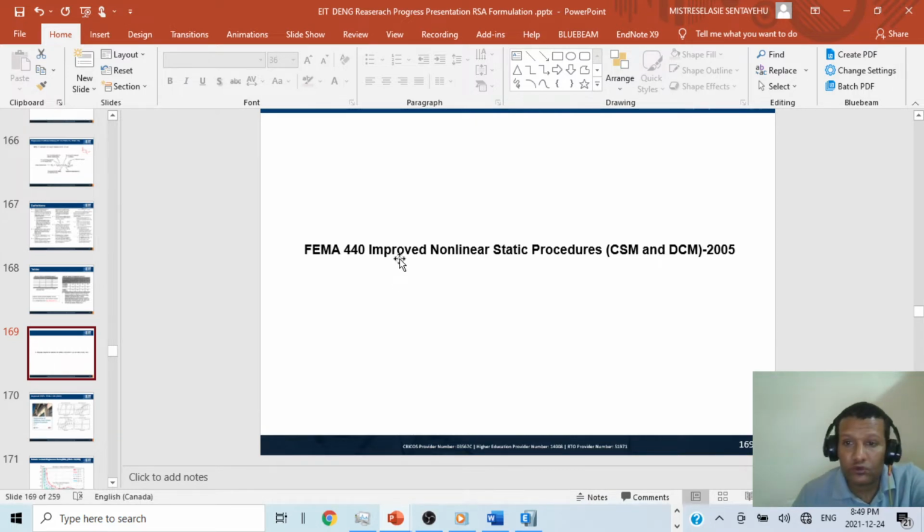FEMA 440 came in 2005, as I informed you at the beginning of this demonstration. So, the improved nonlinear static procedure.